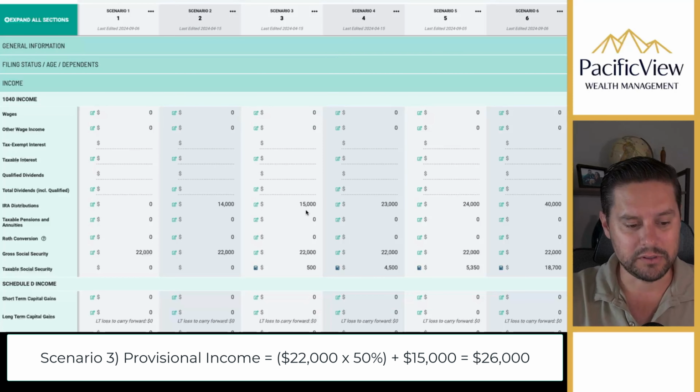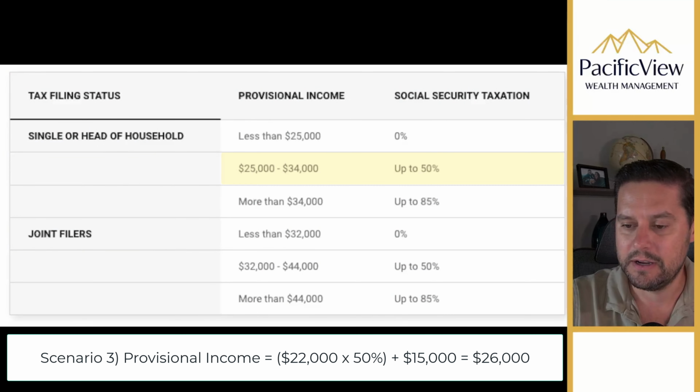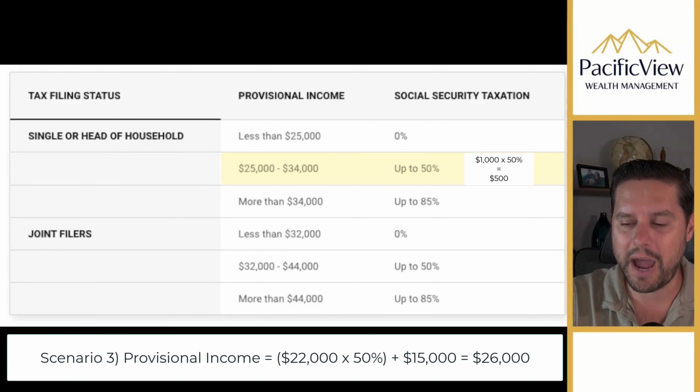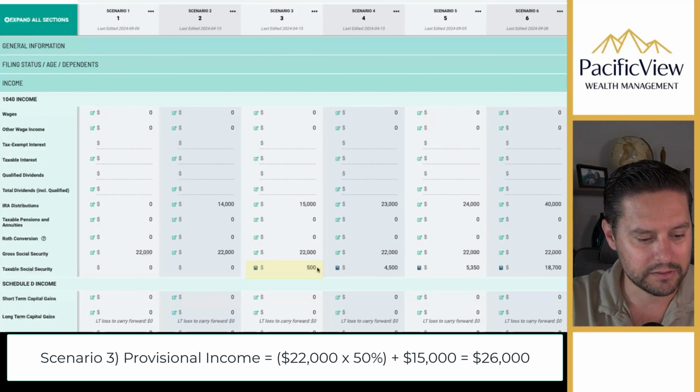Add in the outside sources of income, which is $15,000. That puts us at $26,000. Well, we're only $1,000 into the second bracket, so it's only the amount that's in this bracket right here that we have to use for our formula here. So $1,000, it says up to 50%. So 50% of $1,000 is $500, like it says right here.